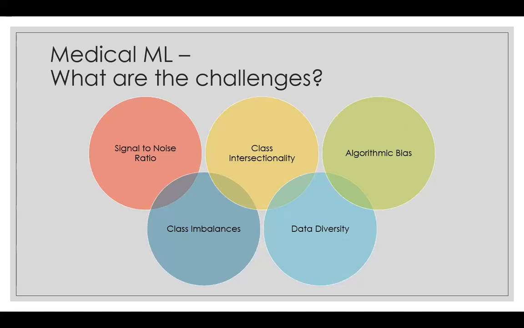Beyond that, there's always this concern about having diverse data, both in terms of what we've discussed already about classes, but also about the kinds of patients and the kinds of collection methodology that you're using. And we'll discuss more about that in a second. Because that also leads into a whole discussion of bias.